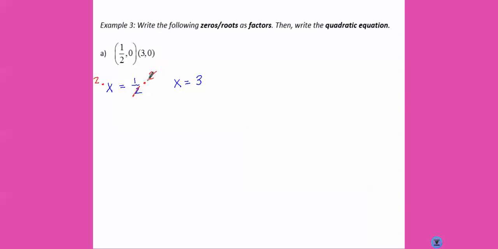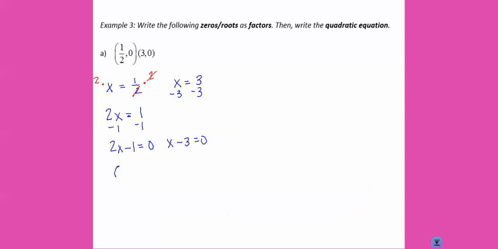The 2's will cancel out, and I'll have 2x equals 1. And then I can subtract 1 like I did on the previous problem. So 2x minus 1 equals 0. And then subtract 3, x minus 3 equals 0.